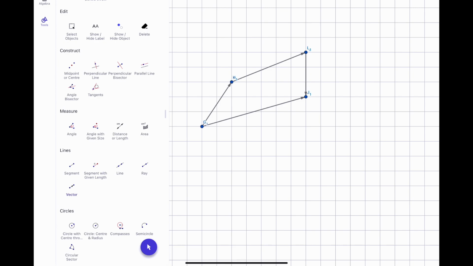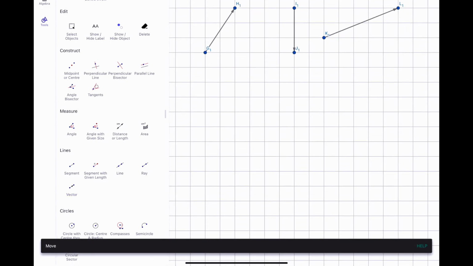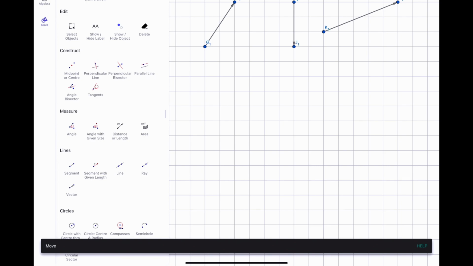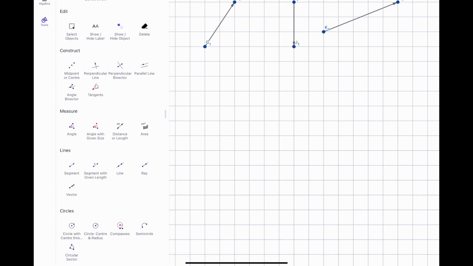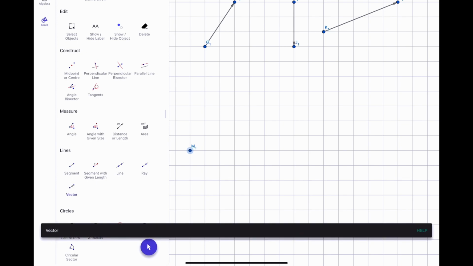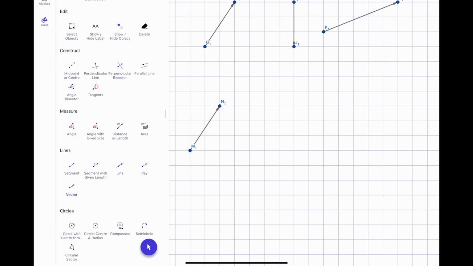So if I want to represent it for you, let me just do it like this. Okay, so let me draw two types of these vectors. 1, 2, 3. So let me just try to do this once more for you. Yes, this is one vector. This is also another vector.